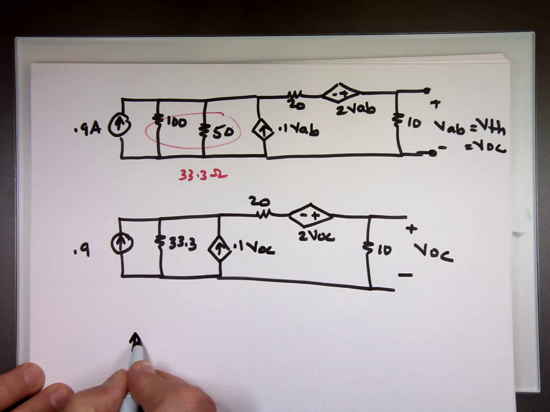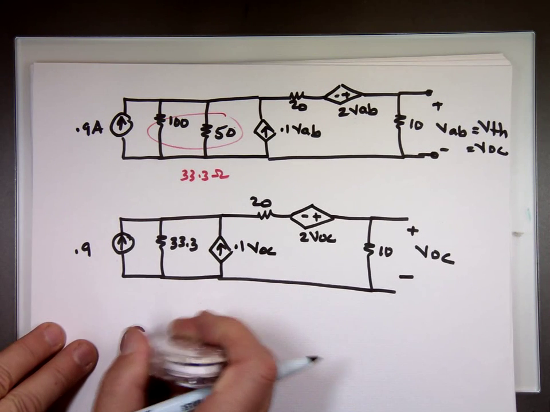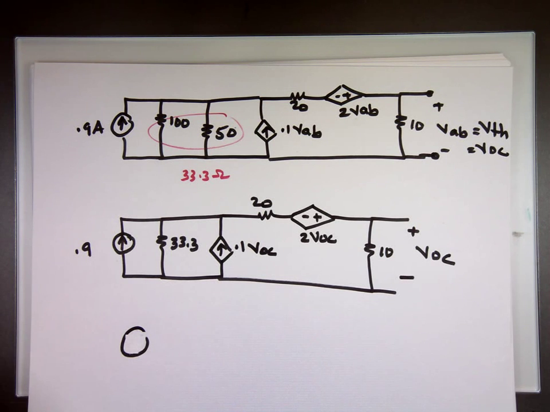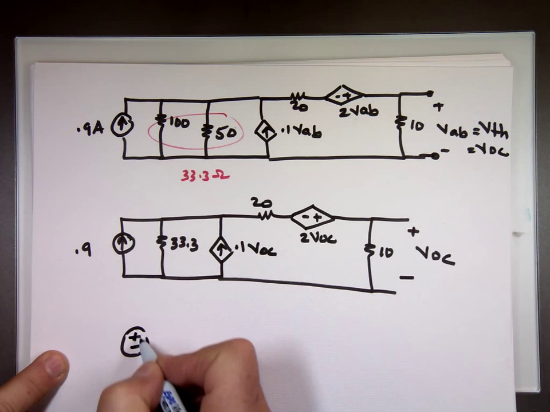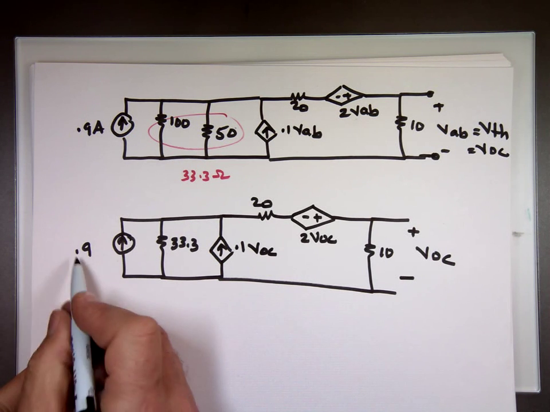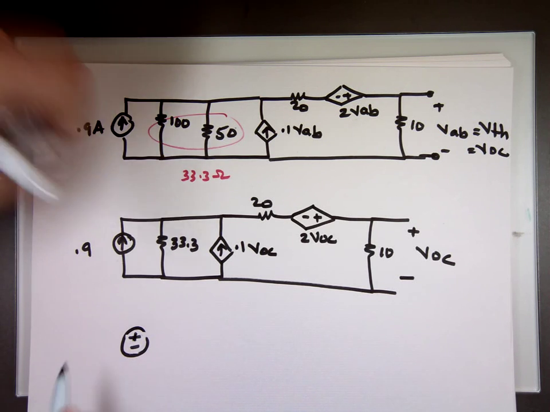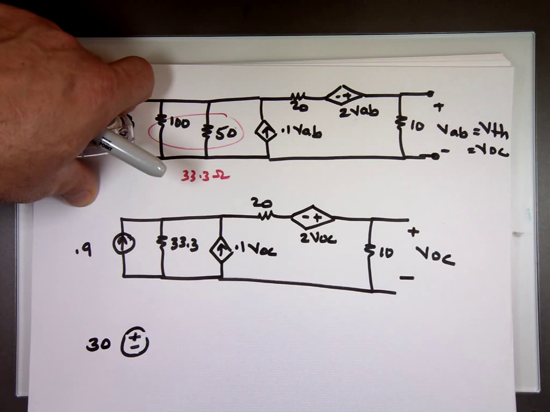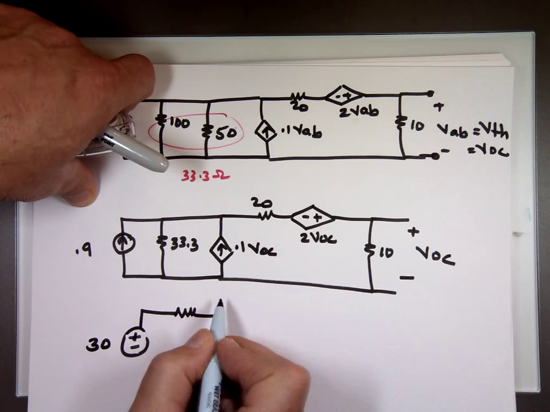Oh, that current source becomes what? Source transformation, the name says we're going to change the source. Plus to minus. Notice the tip, the arrow, is the plus, the tail is the minus. 0.9 times 33.3. This will be 30 volts. This is 33.3.